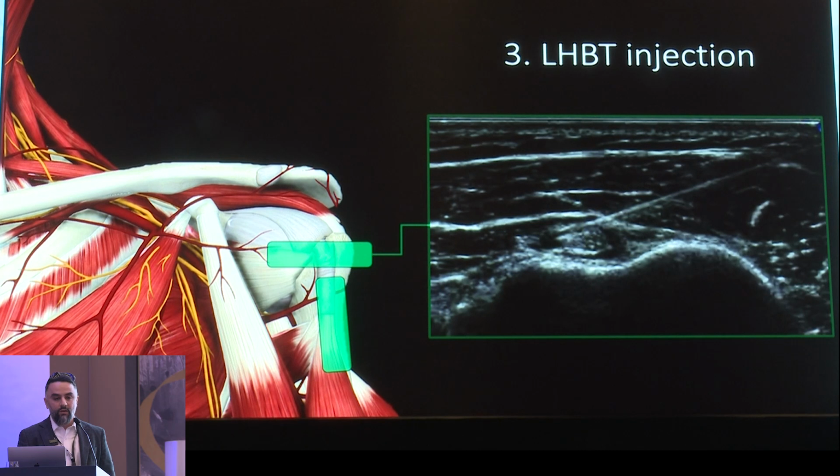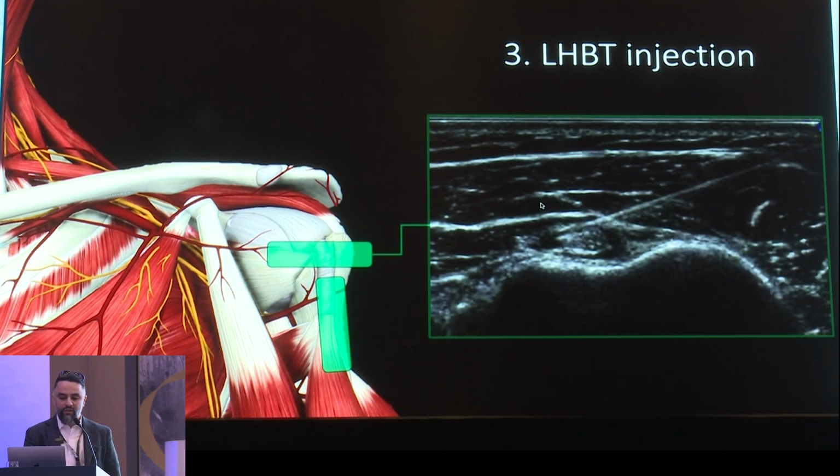The other injection is the long-headed biceps injection. We've been asked many times by shoulder doctors to do the long-headed biceps injection. Now we know that the proximal part is continuous with the joint, so that's exactly what we do. When we inject the proximal long-headed biceps, we're actually injecting intra-articular. We don't do it a little bit distal because it's going to be a tendinous or muscular injection, which we don't prefer.